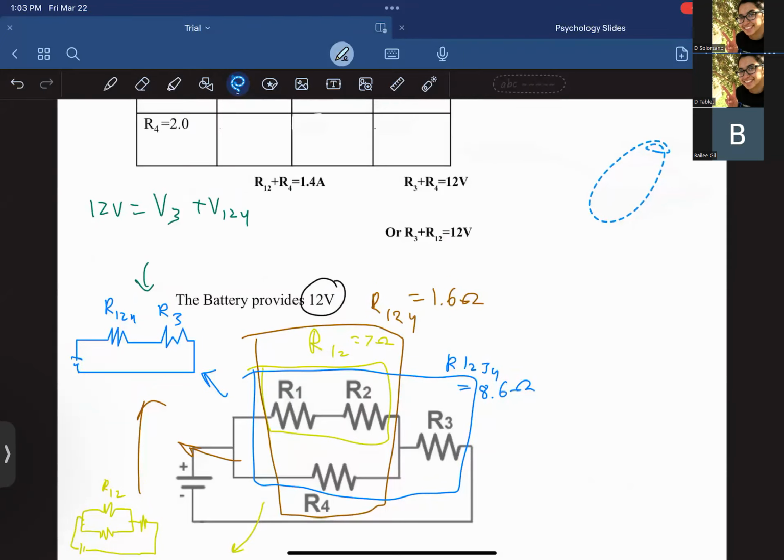She did it a few different ways. She went R3 and 4, have 12 volts. Or 3 and 1, 2. Oh, okay, I see what she did.